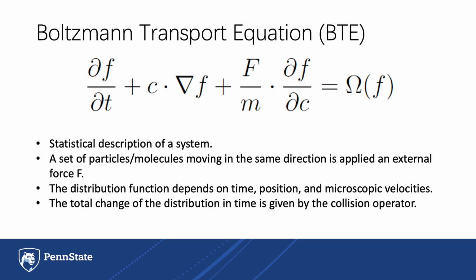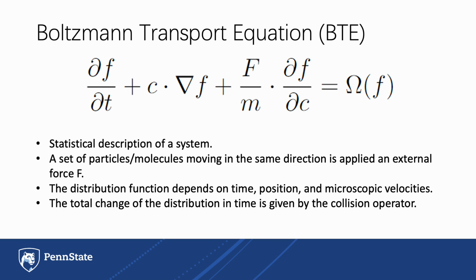Now, the Boltzmann transport equation is a statistical description of a system, which is a cloud of molecules or particles, which is moving in a specific direction, and to which an external force can be applied.